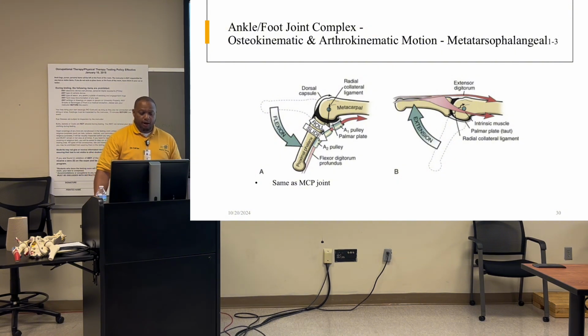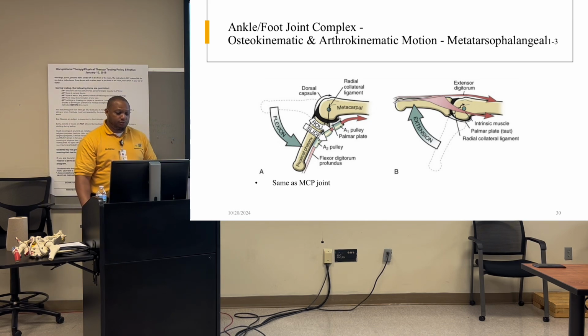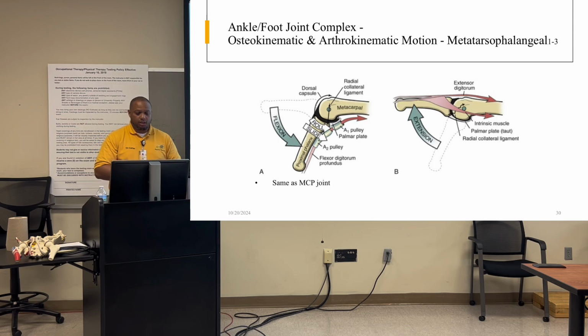Now here we talk about open chain position. With flexion, we get an anterior roll, anterior slide. So the osteokinematic and arthrokinematic motion are in the same direction.